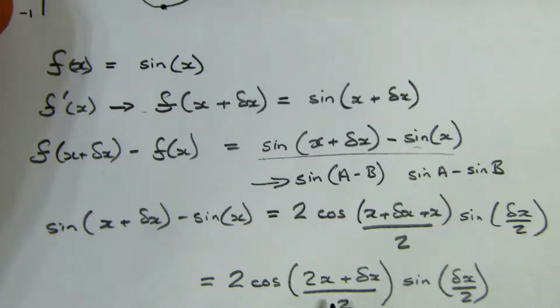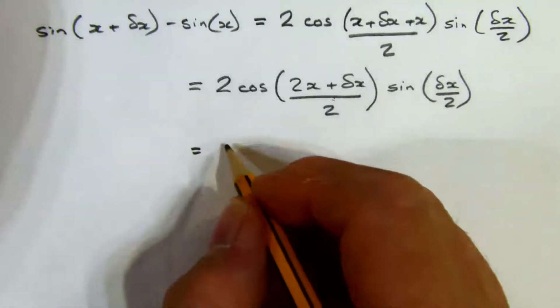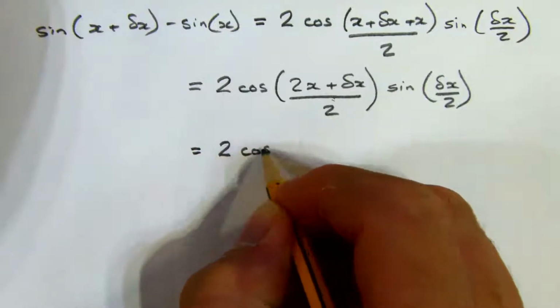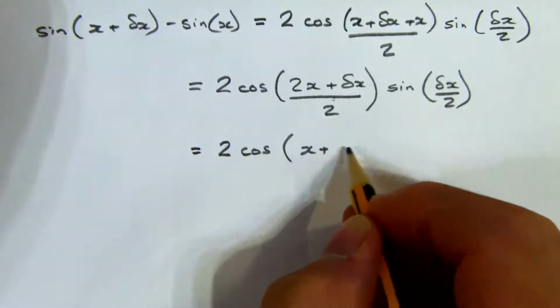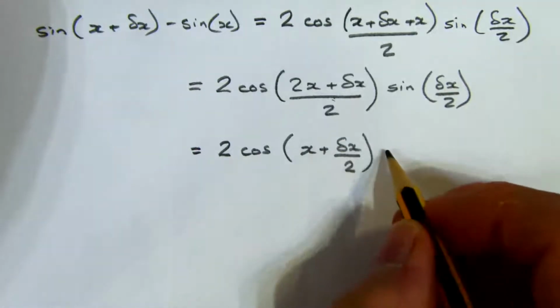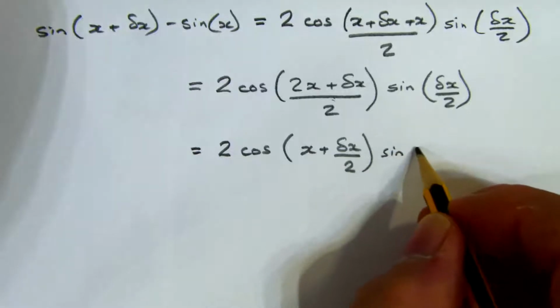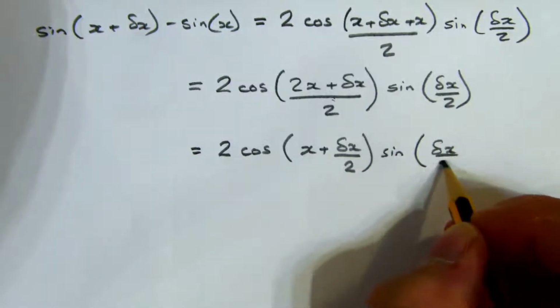Let's do a little bit more tidying up, and let's split this. And I'm splitting this because I know where I'm going here. 2 cos x plus delta x over 2, times the sine of delta x over 2.